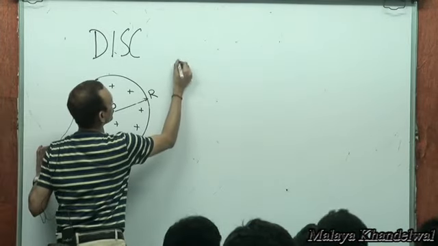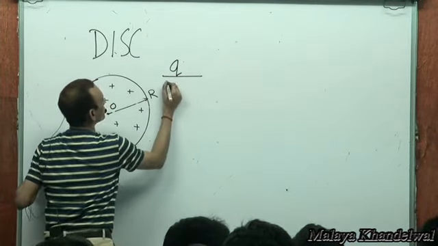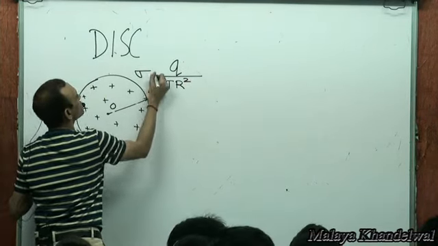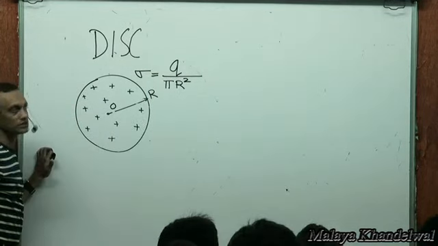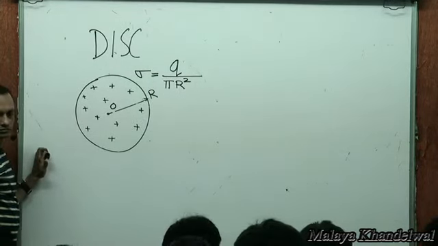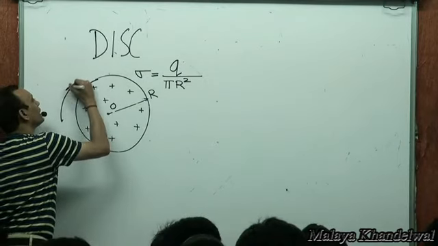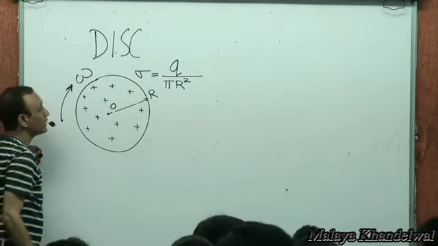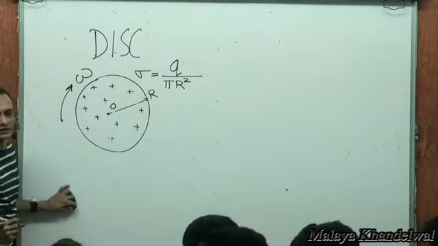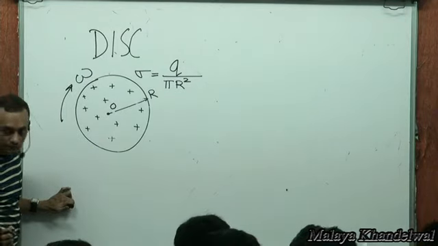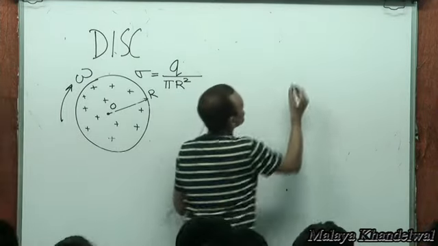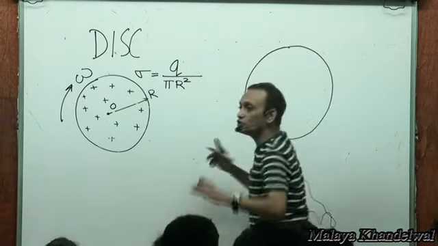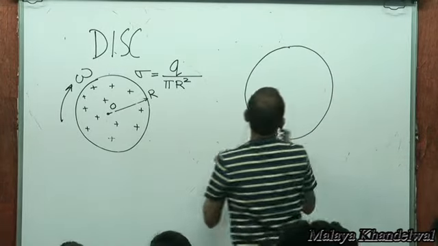Right? There was a total amount of charge Q spread over pi r squared, uniformly spread over pi r squared. So this was the surface charge density available on this disk of radius r, right? And this disk was imparted a velocity omega. I now want to be able to compute the magnetic field at O because of this arrangement, right? What I could now do is, I could break this disk into several circular rings, right?